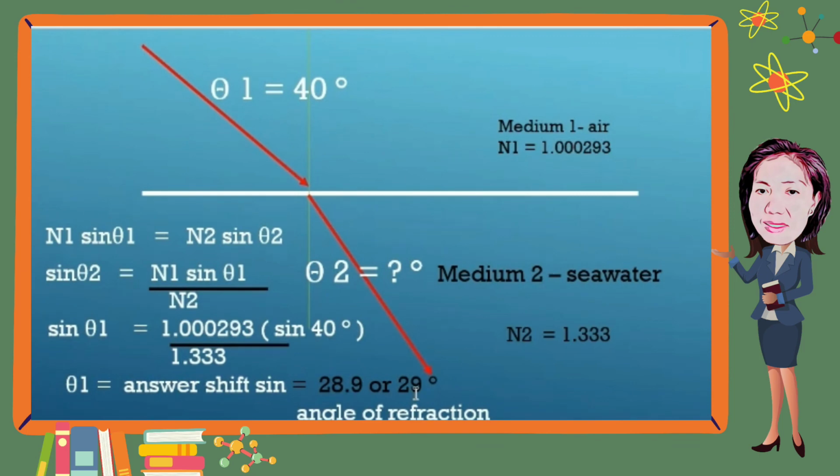Sine 40, sine 23. Pwede mong ulitin. Walang mawala sa'yo. Usually, pag namali mo pindot, mag-error siya class. The answer is 17.1.